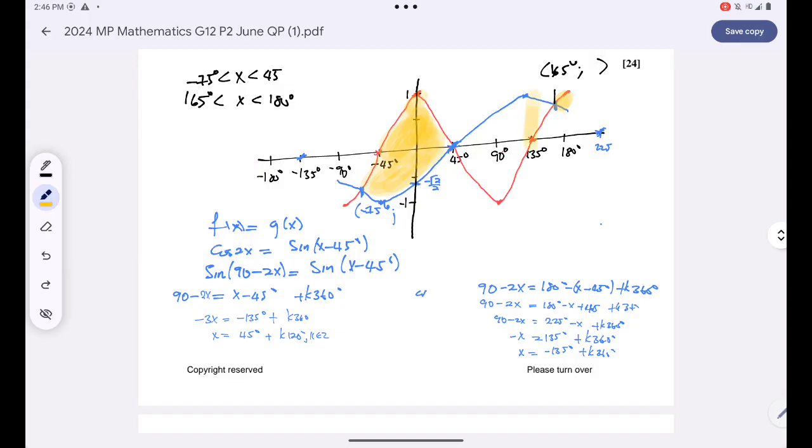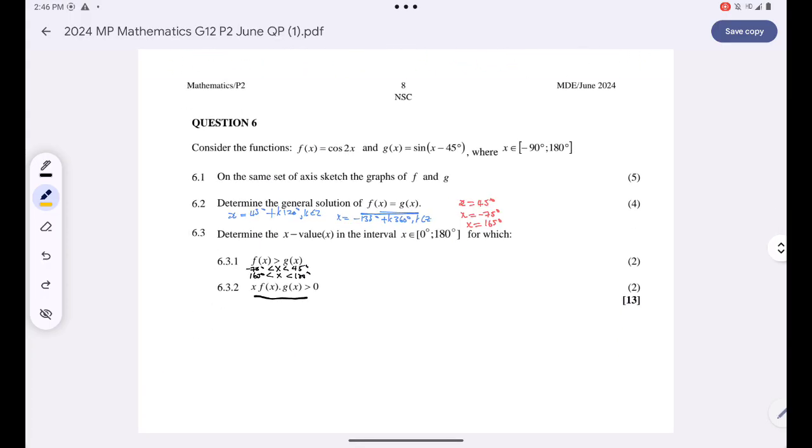So whenever x is between 135 and 180, my graphs are above the x-axis simultaneously. So that is one of the solutions over there, when x is between 135 and 180.